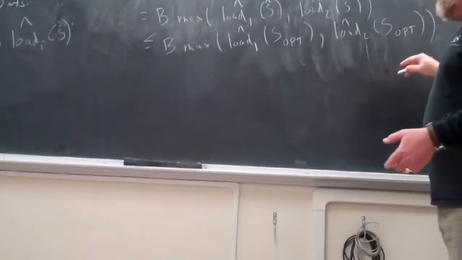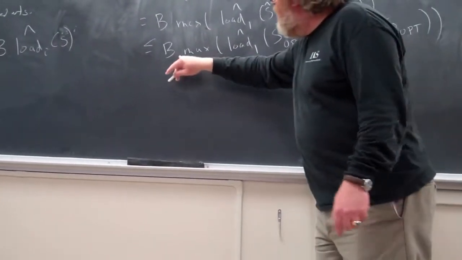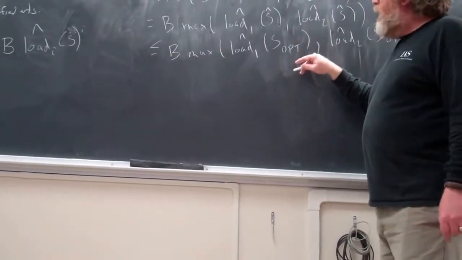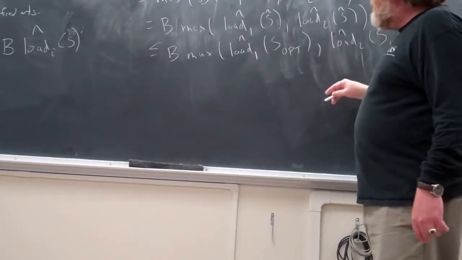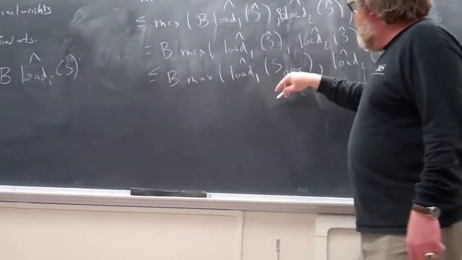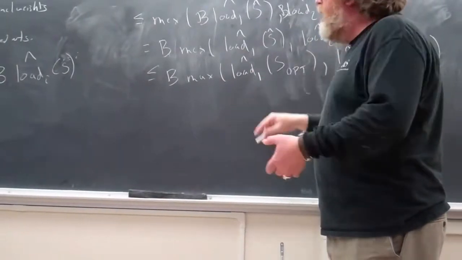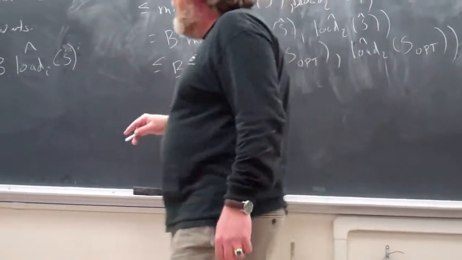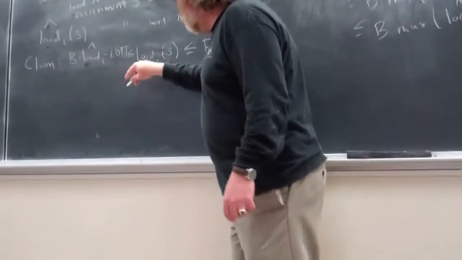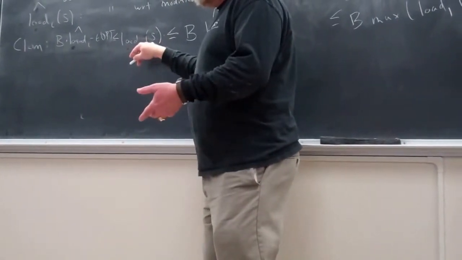But on the other hand, we said that b times the load in the S-opt, how does that compare to the actual cost of the load in the original schedule for S-opt?